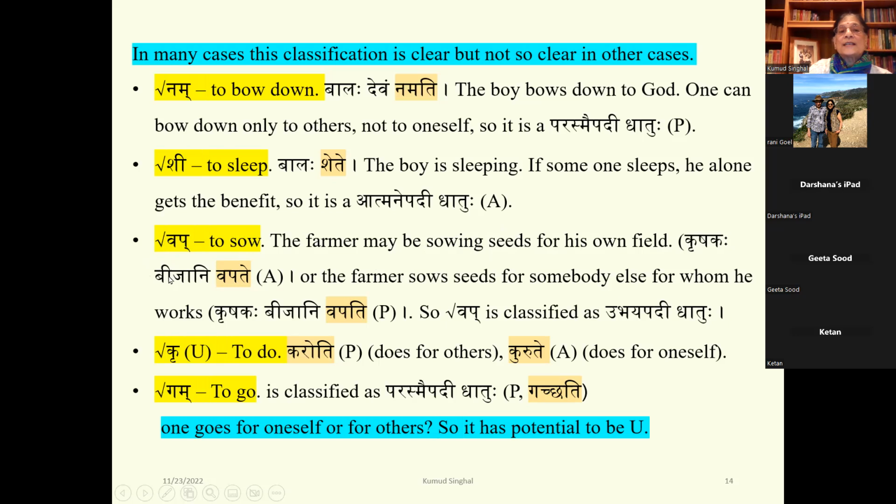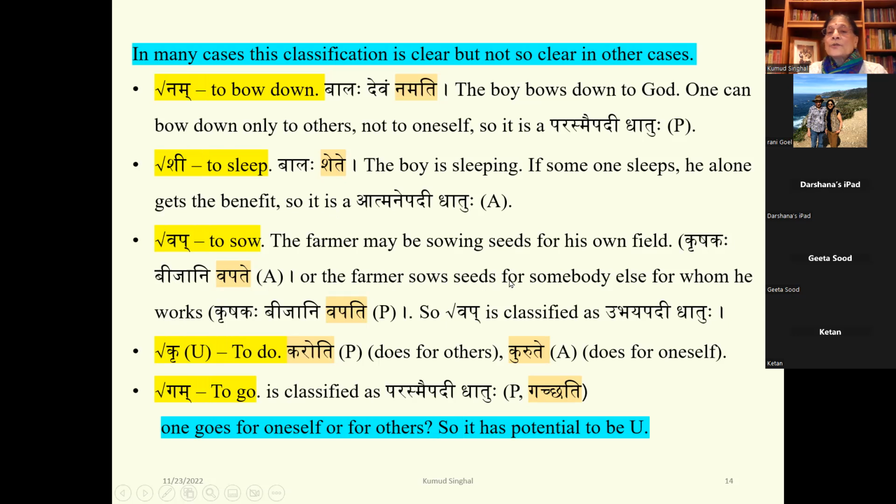Bija is the seed, and bijani is the plural form, like vanam vane vanani, bijam bije bijani. Vapate is an atmanepada form like shete. So krishakaha bijani vapate.